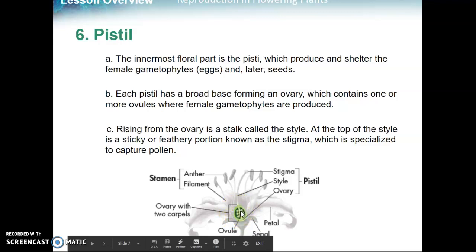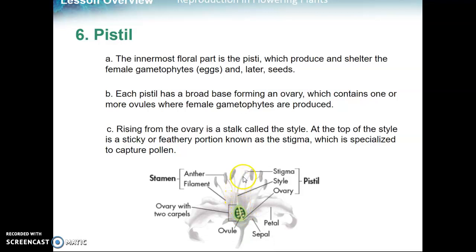When the sperm fertilizes those eggs, they develop into seeds. The style is this long stalk that holds up this sticky piece at the top called the stigma. It's sticky so that when pollen grains float nearby and hit the stigma, they stick to it so that fertilization can occur.